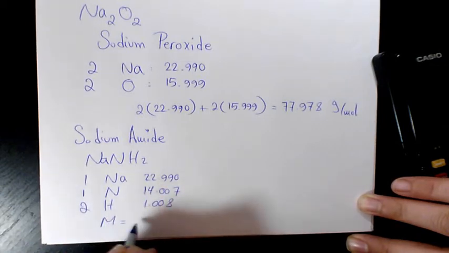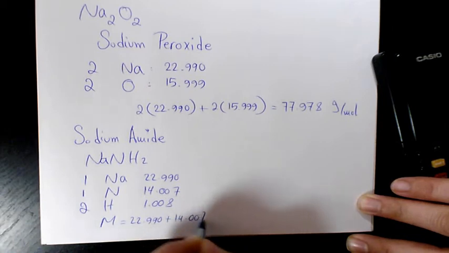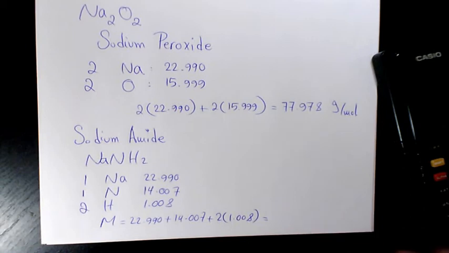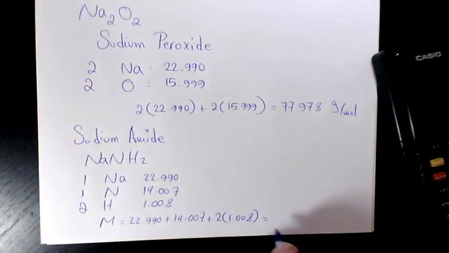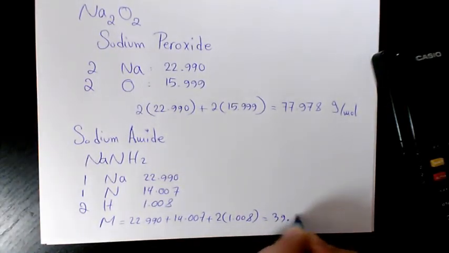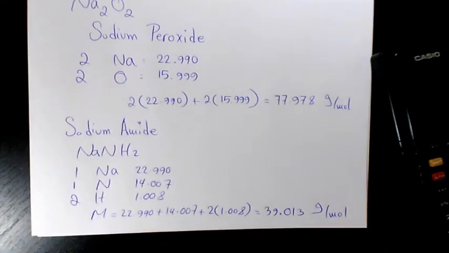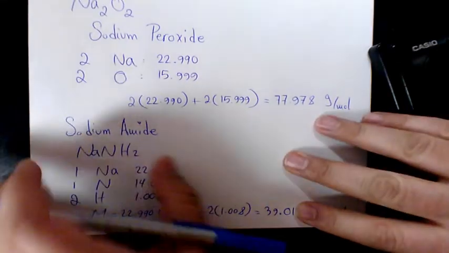So molar mass is going to be 22.990 plus 14.007 plus 2 times 1.008. That's going to be 39.013 grams per mole. That's going to be the molar mass of sodium amide.